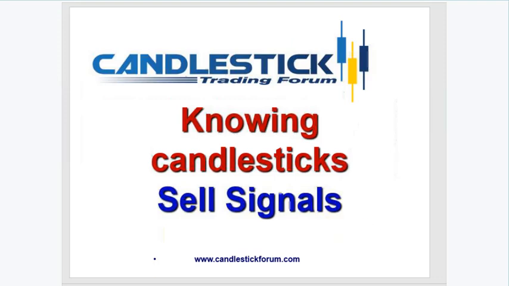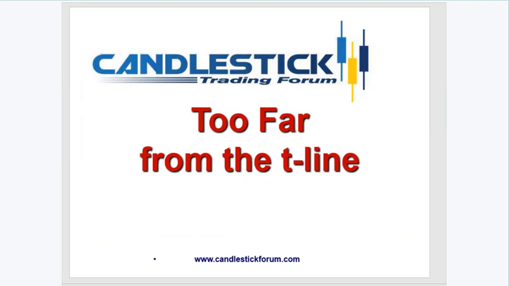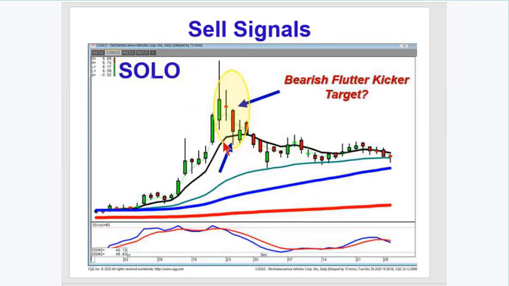All right, so here's a couple of simple illustrations to tell us when it's time to take profits. When you move too far away from the T line, that's a visual analysis. When we're way up here, what do we know about human nature? Or what do we know more about the T line?